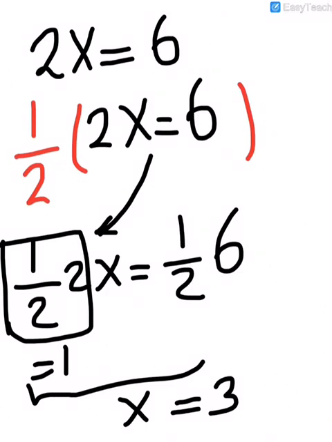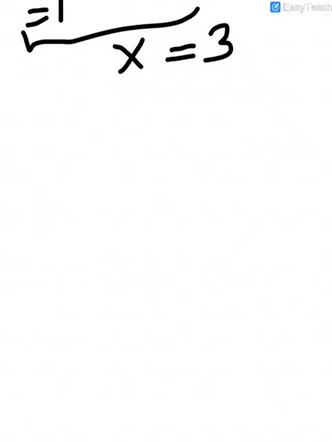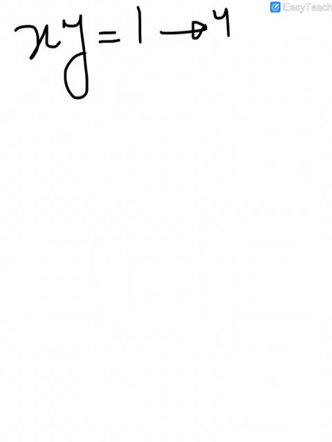The same applies in the matrix. If we have two numbers x and y and x times y is equal to 1, then we say x is the inverse of y. Right?